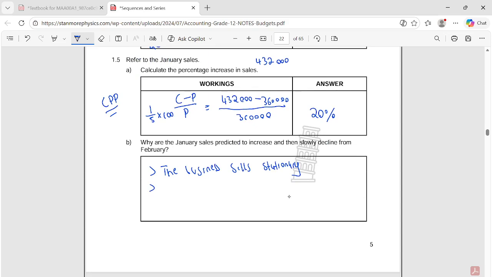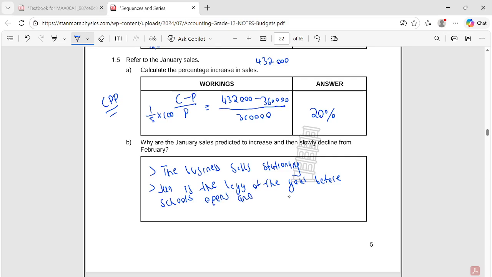So you can also say that January is the beginning of the year, which is before school opens or starts, right?